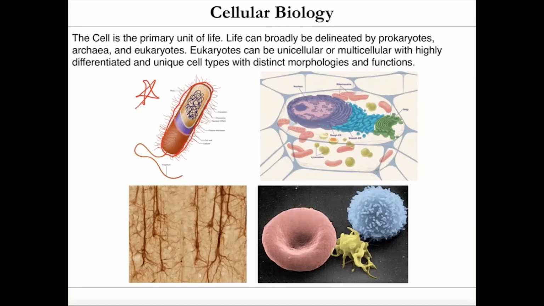There are a few things unique about prokaryotes. One is that the DNA, which are these lines here, is just scattered throughout the cell. That's a pretty big difference. This bacteria here also has these little filaments outside of it, and a flagella, which it can use for motility.